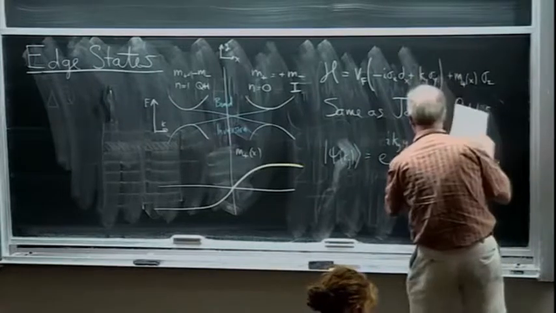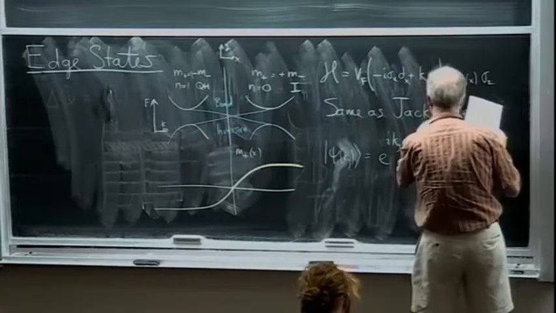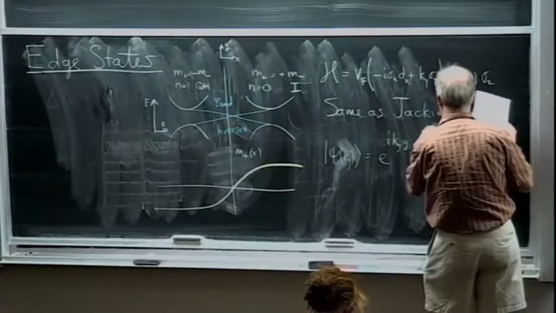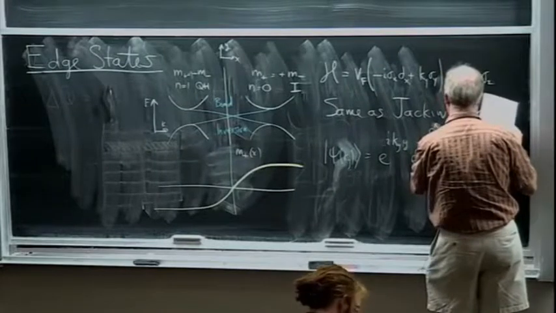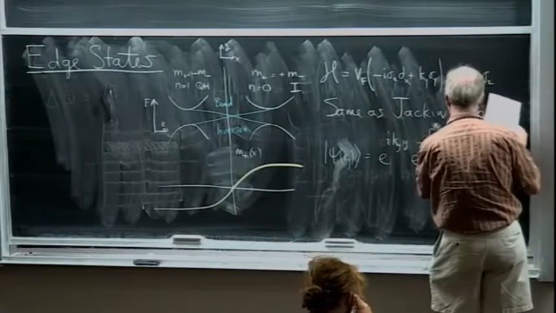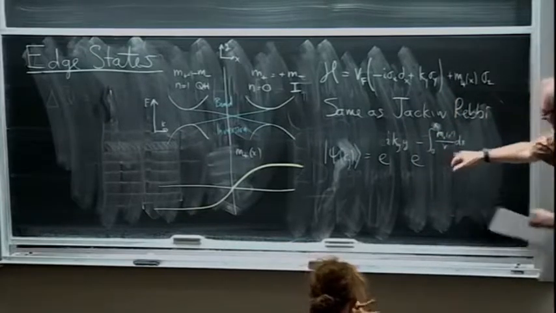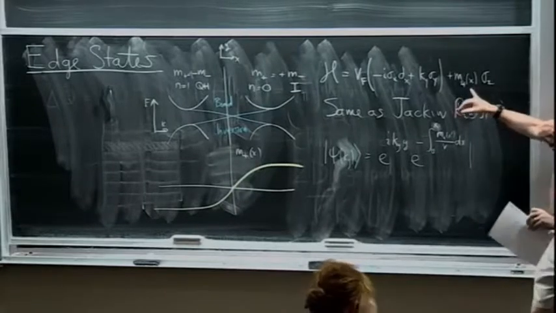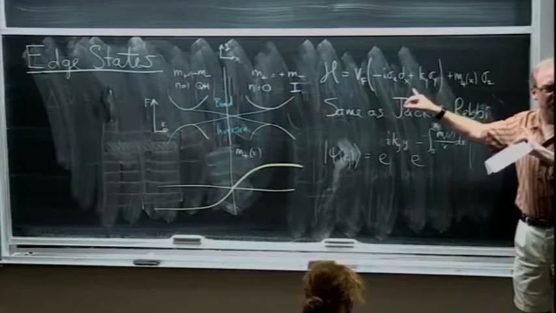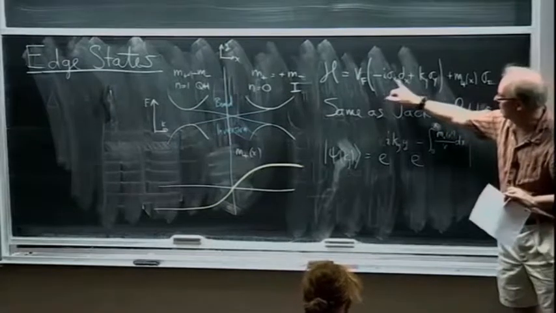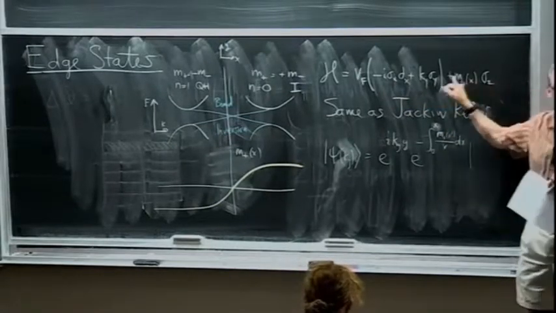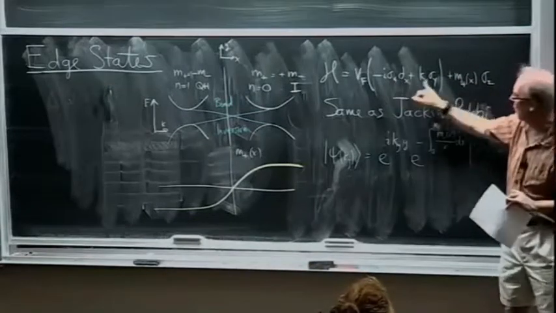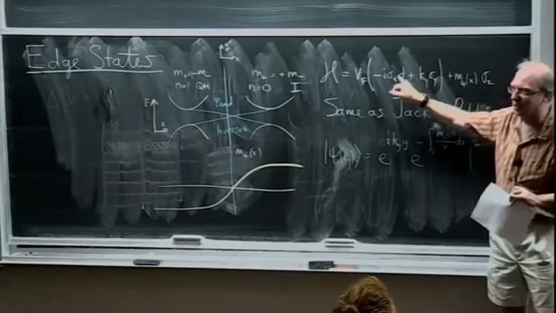But then it's going to be this same exponential piece times. So actually, there is a slight difference from the Jackiw-Rebbi problem, which is that the sigma operators have different letters on them. But that doesn't matter. Instead of x, y, and z, I could have. It's just a change of basis.